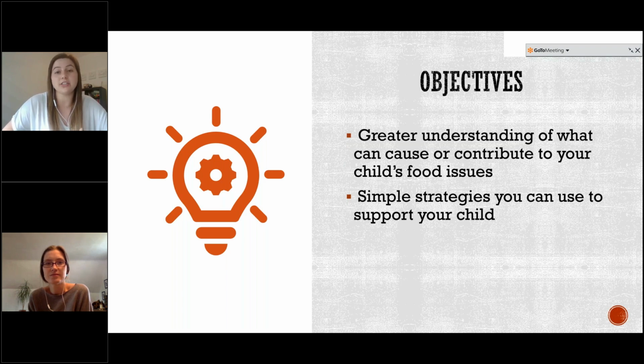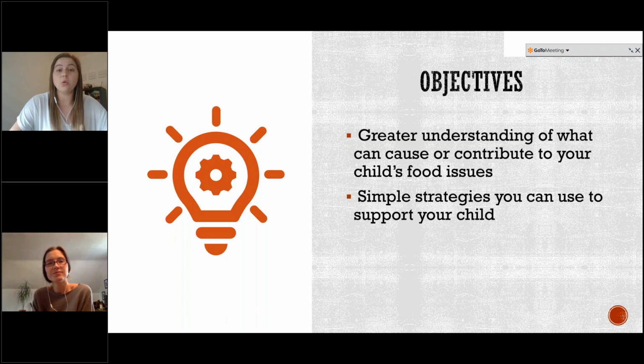So it's important to understand that you are meeting the child where they are at their level, not trying to push them or force them into anything, but letting them initiate whatever it is that they are trying to communicate. We're going to look at some simple strategies that you can use to support your child better in regards to eating.